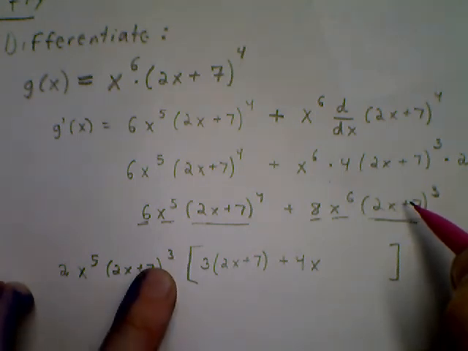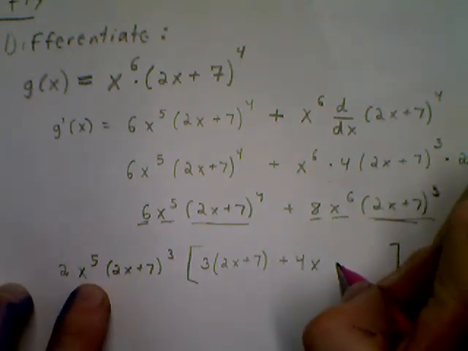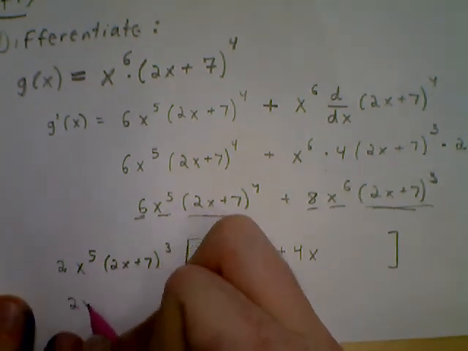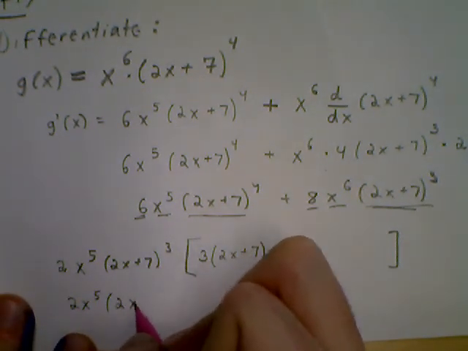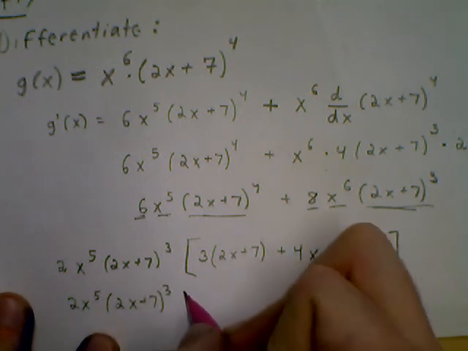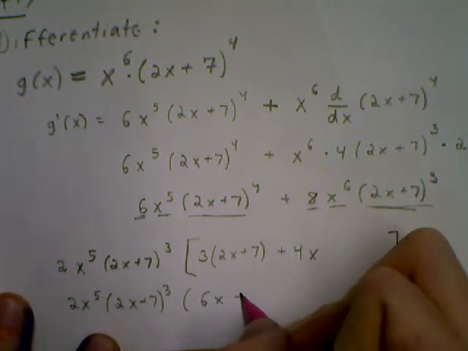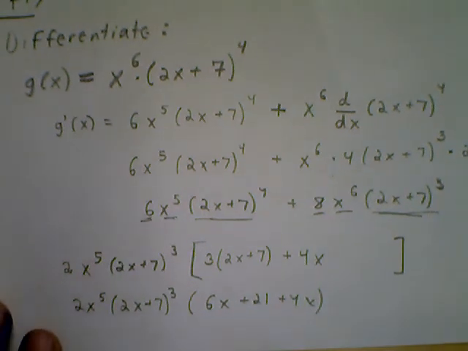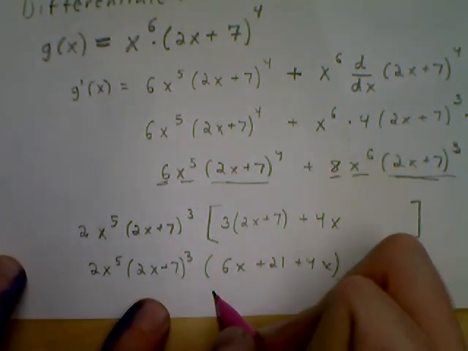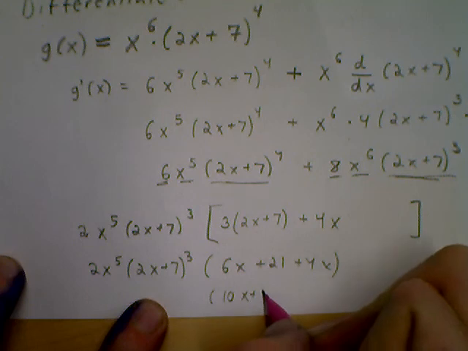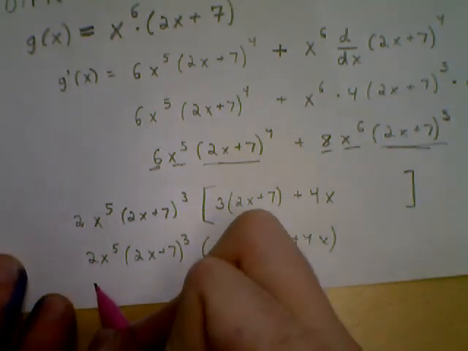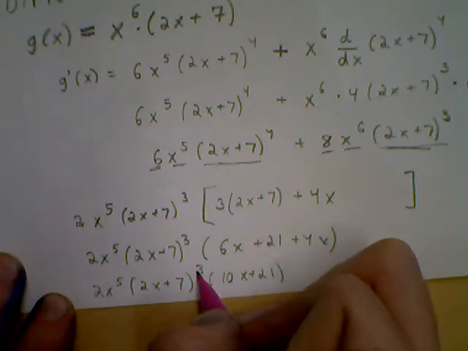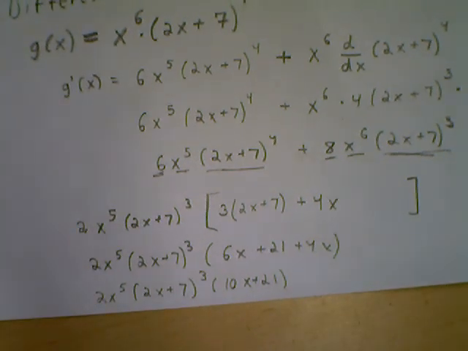The quantity 2x plus 7 cubed out of the quantity 2x plus 7 cubed is just 1. Simplify a little bit more, and then we can go ahead and combine our like terms. 10x plus 21. And we are finished.